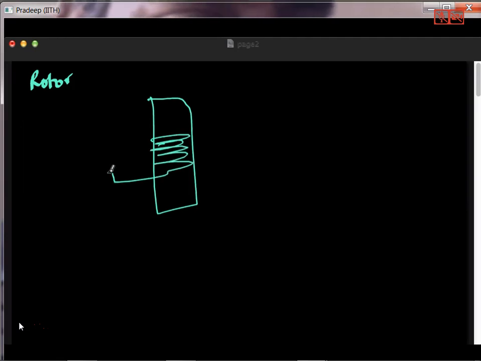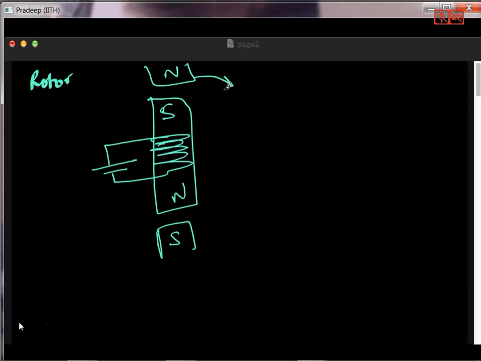There is a magnetic field, and then there is a south pole and a north pole created like this, and there is a north pole and a south pole created like this. So this stator pole is rotating at synchronous speed ns, and this is also rotating at synchronous speed ns.